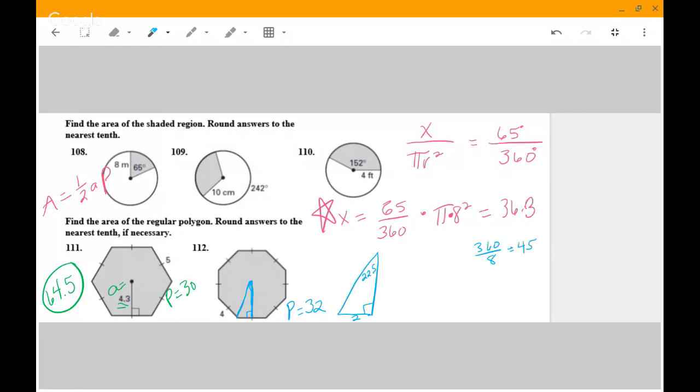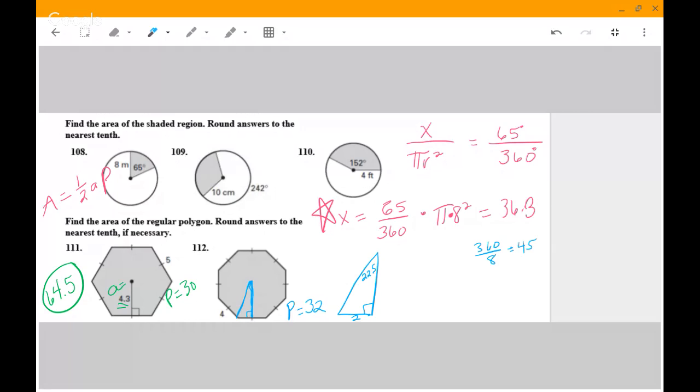Because that is not a 30, 60, 90 or a 45, 45, 90, and because I only know one side length, I have to do trig. If it was 30, 60, 90, I could use a shortcut.